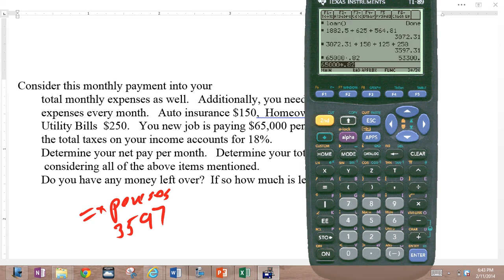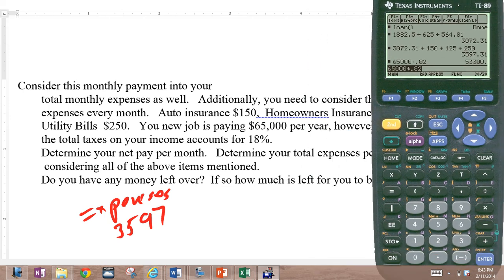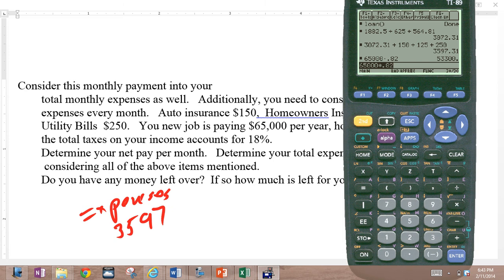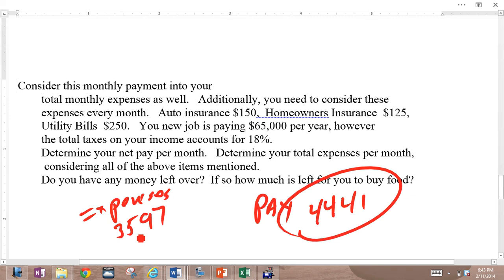So you're actually making 53,000 a year, divided by 12. So you're making $4,441 a month. So your pay is $4,441 a month.